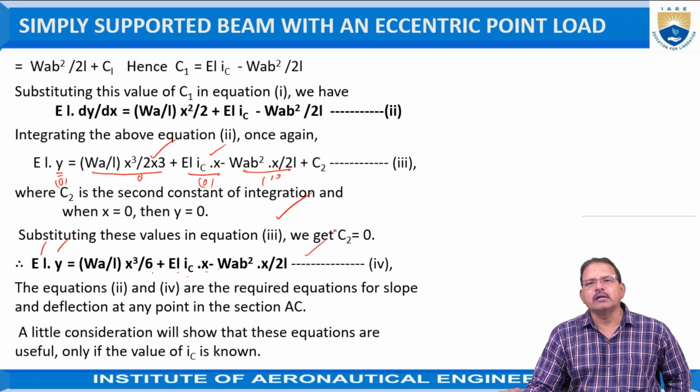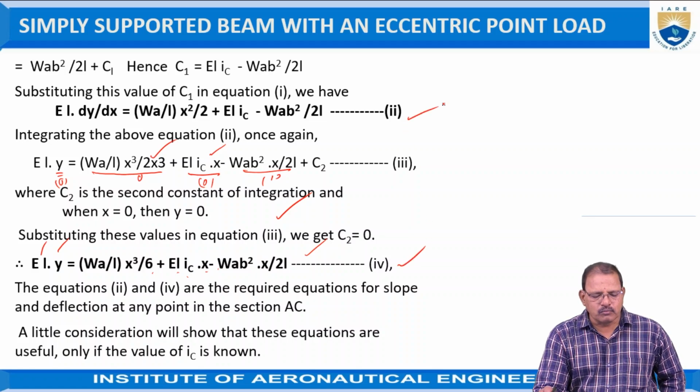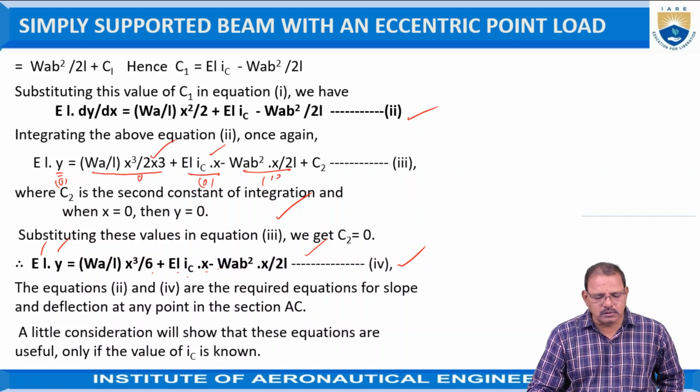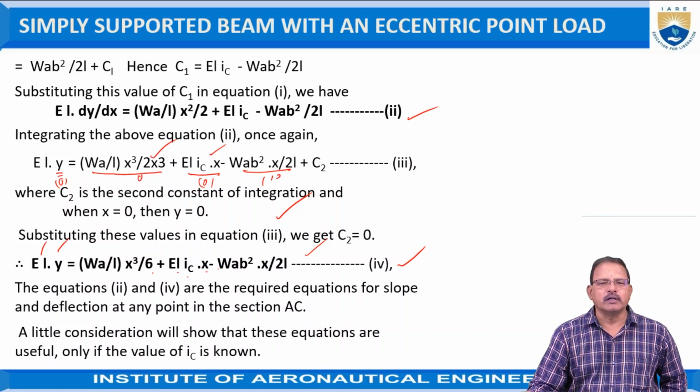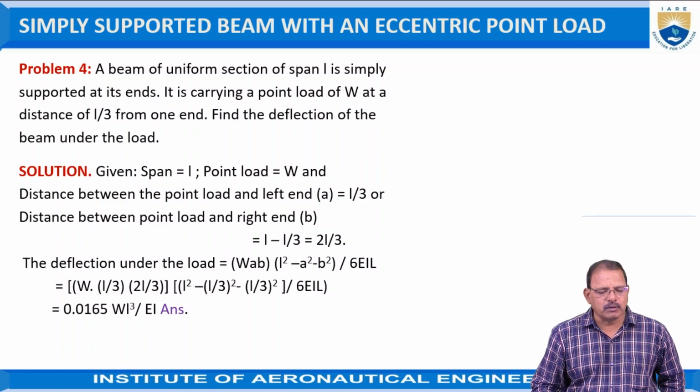The second equation and the fourth equation, both are useful to determine the slope as well as the deflection at any section of the beam. These equations are applicable if you know the slope of the beam at a section, IC, a known value. Based on this, we are taking one problem now.